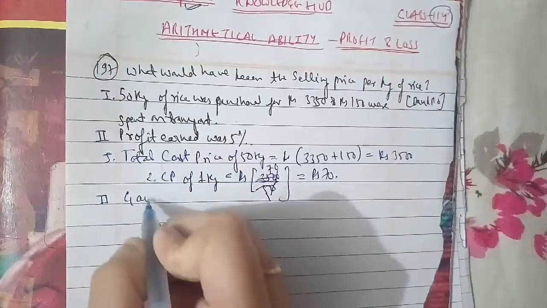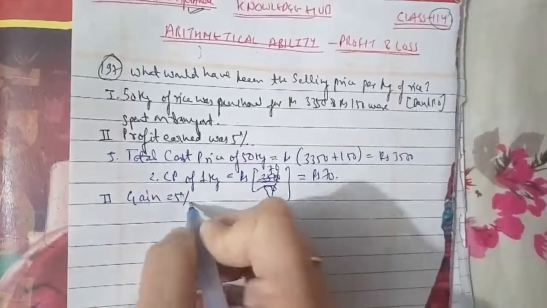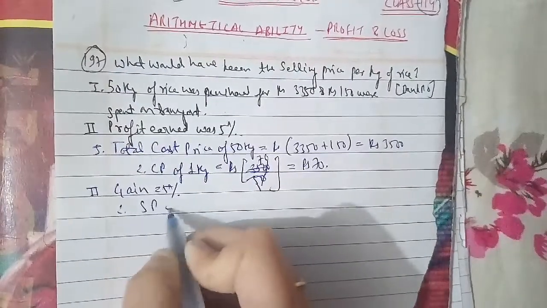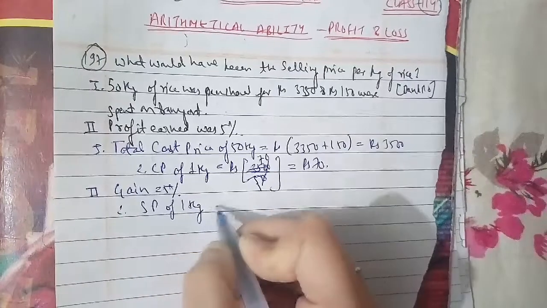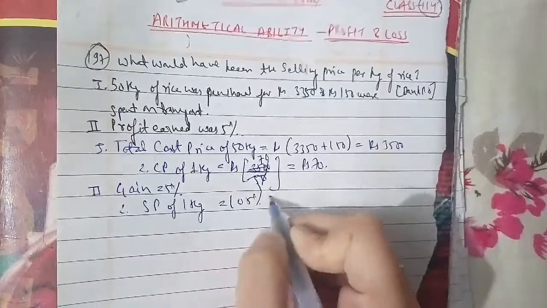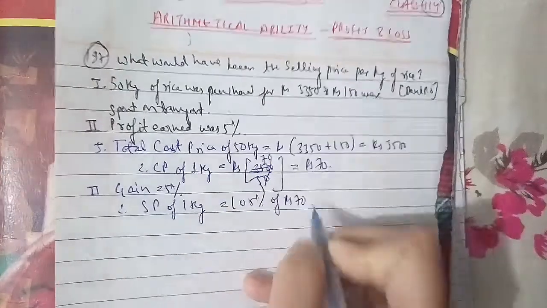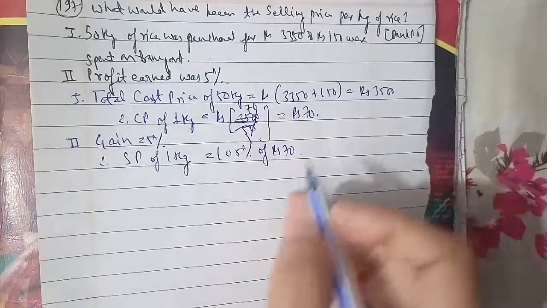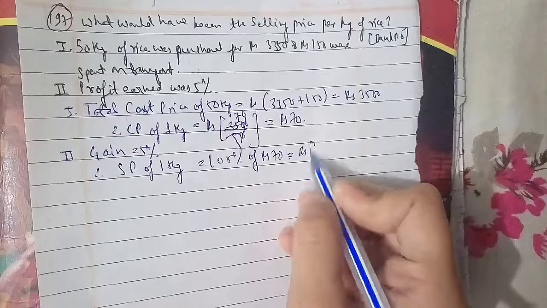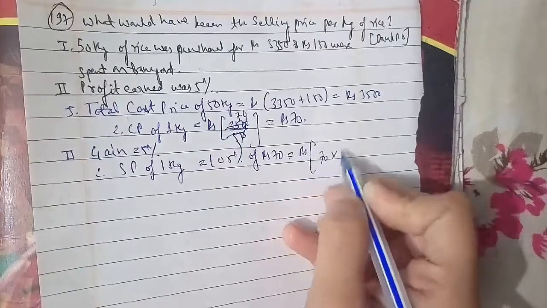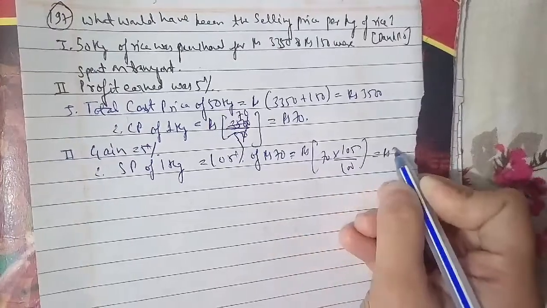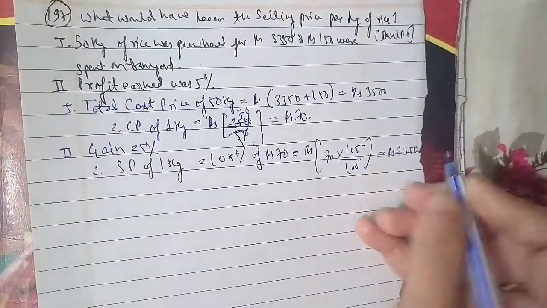Second statement, the gain is 5%. So the selling price of 1 kg is equal to 105% of rupees 70, that is 70 into 105 upon 100, equals rupees 73.50.